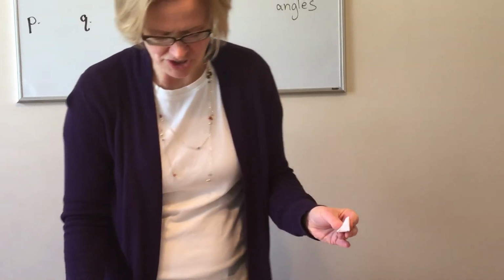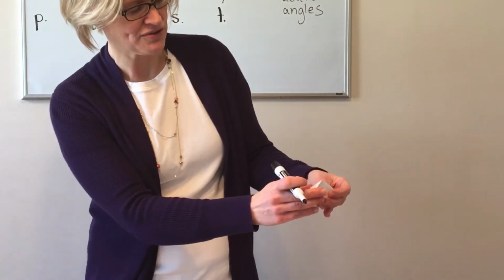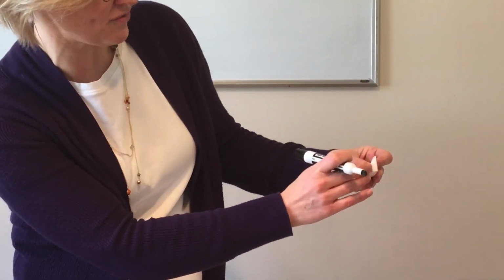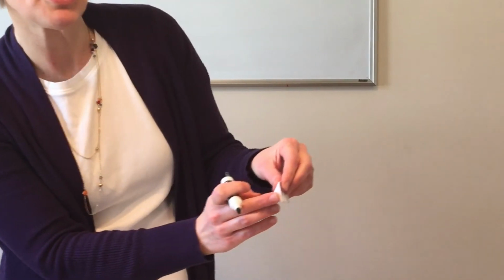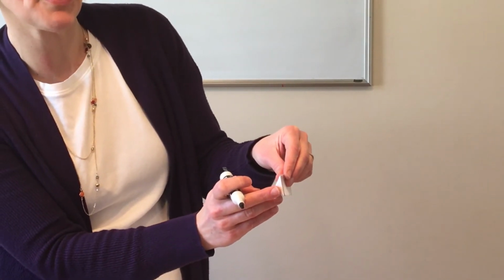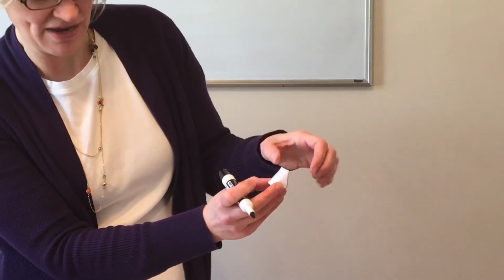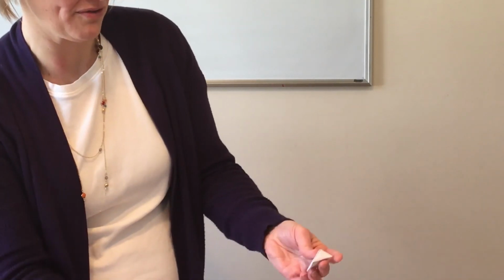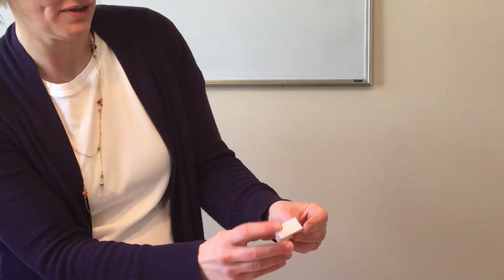It says, what are the shapes of the 5 faces? So we have 2 right triangles, 1, 2. Did everybody see that okay? And then we have 3 rectangles. Looking over here, we have 1, 2, and then 3.